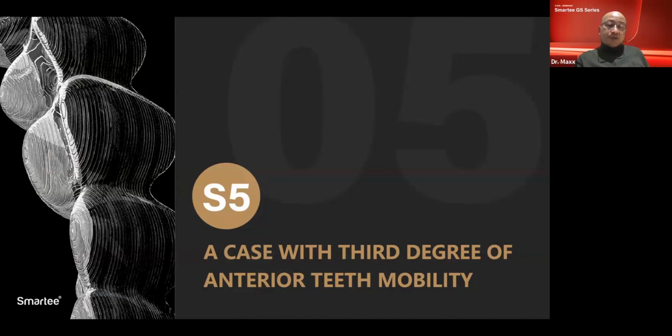And what's more, let's take a look at the third case. I think it's more complicated because the anterior teeth mobility is 30 degree. Yes, 30 degree is enough.